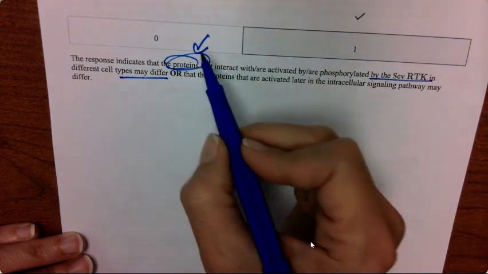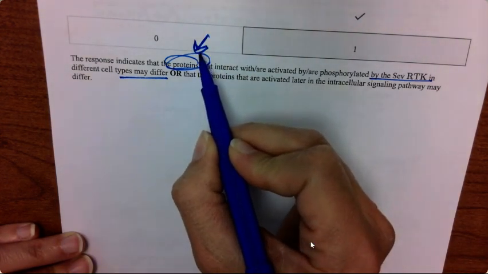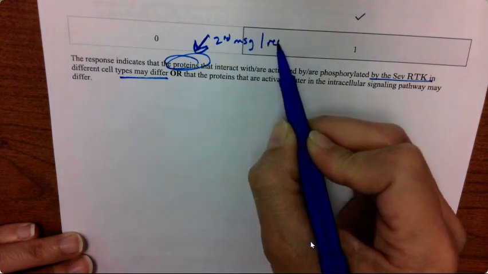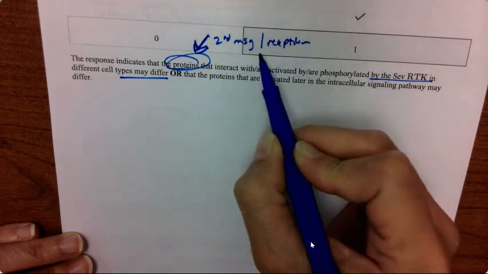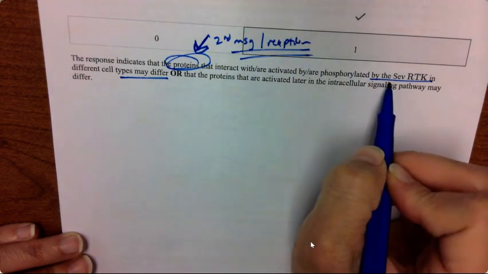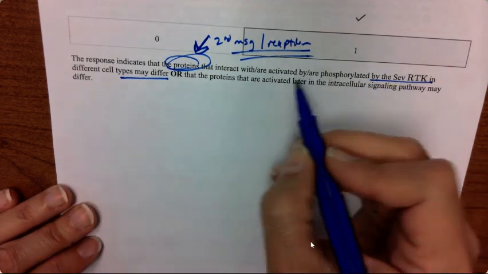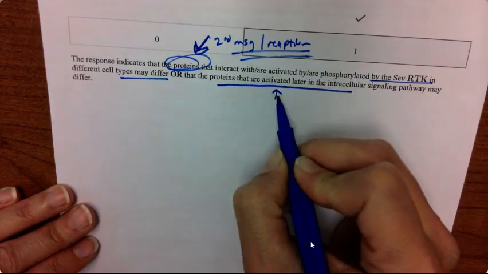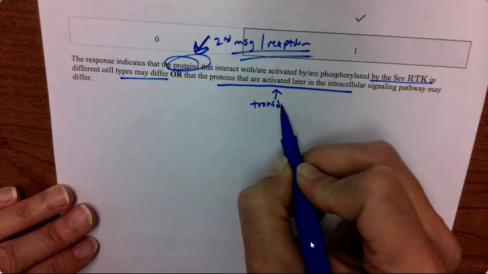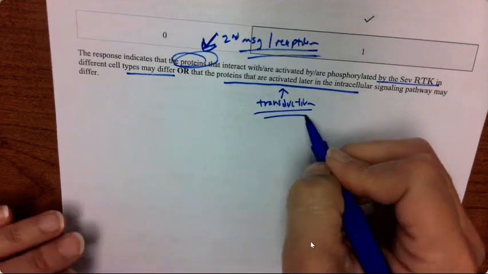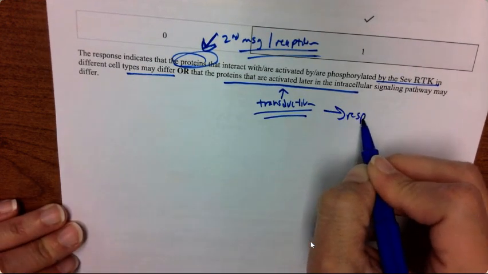So basically what they're saying is it could activate different second messengers or different parts of reception, other than the G protein. So reception could be different, okay? Different proteins could be phosphorylated, or different proteins involved in transduction could be activated, which could lead to different responses.